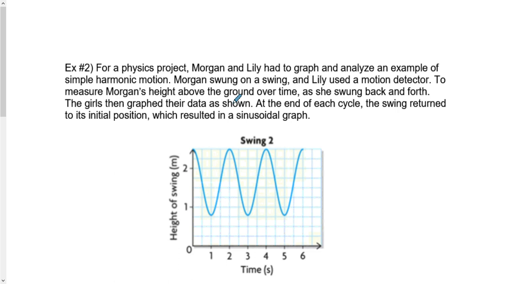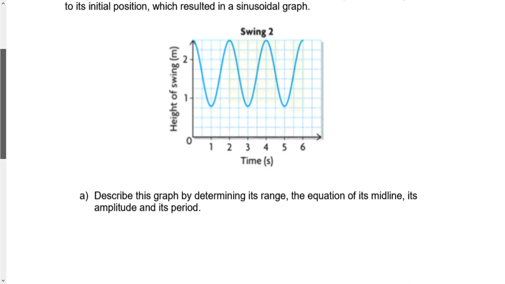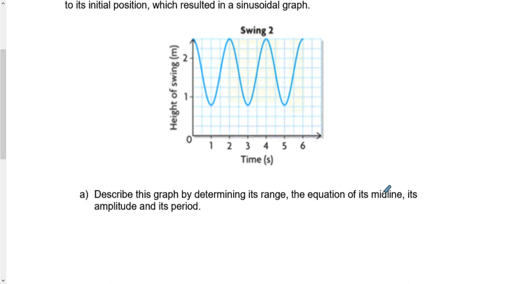The girls then graph the data as shown. At the end of the cycle, the swing returned to its initial position, which resulted in this sinusoidal graph.